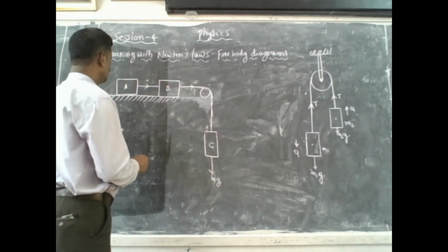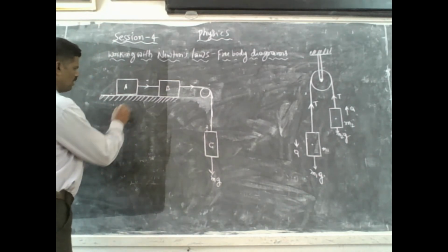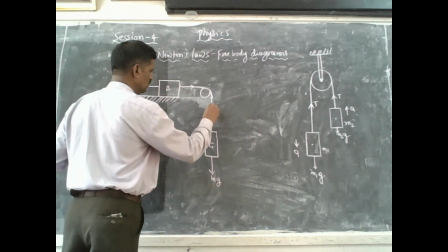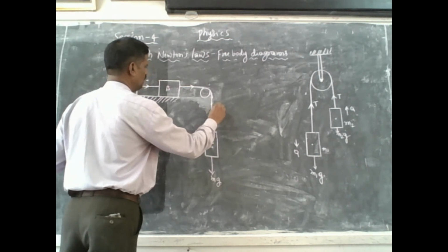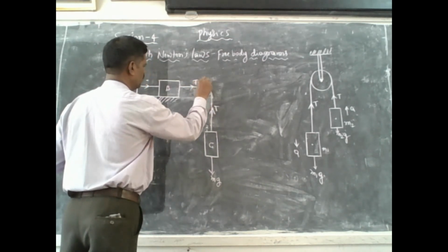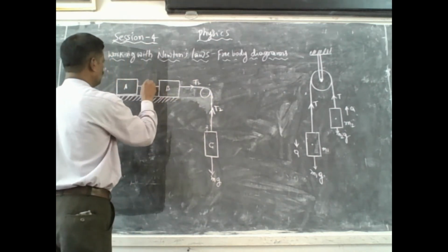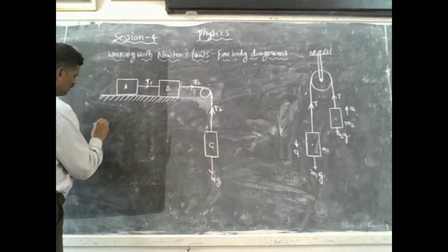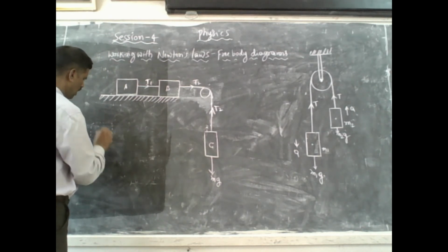Therefore, in here the free body diagrams, according to free body diagrams, the tension is developed here and also tension is developed T2, T2, here is T1 tension. So suppose according to free body diagrams, we can write like this: block A.